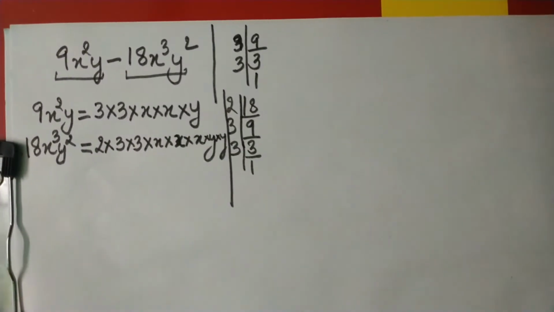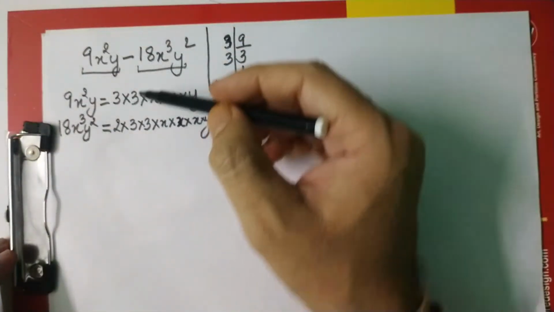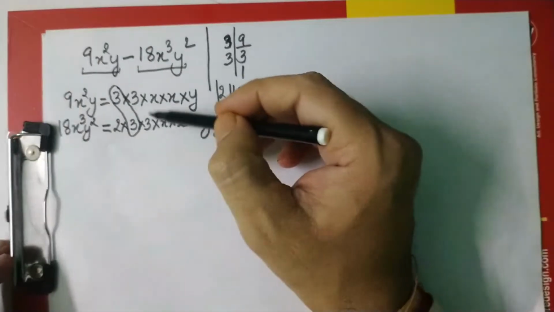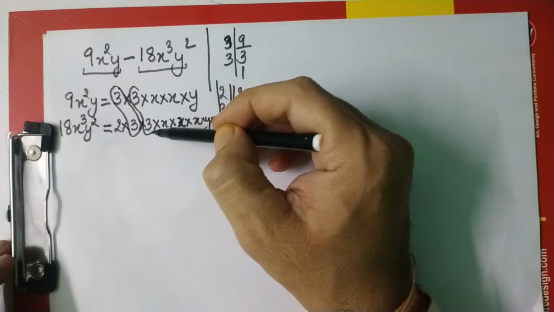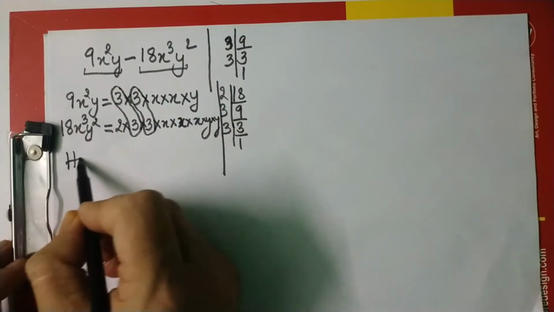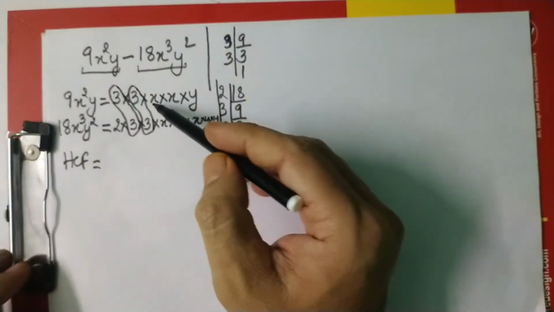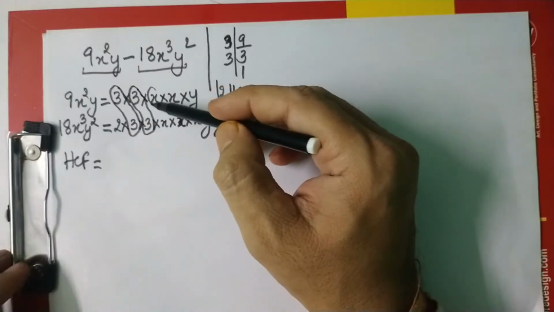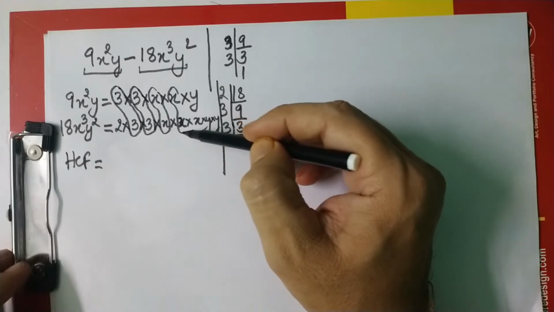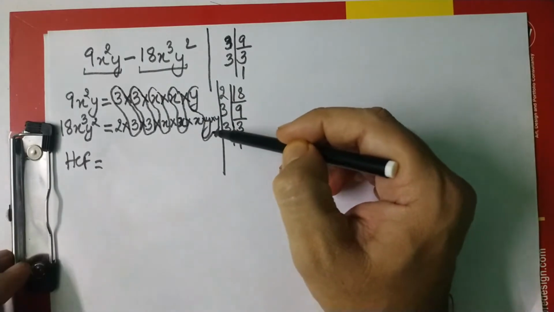Now, like you do HCF, we will do the HCF of the numbers here. What is the first number common? 3 is common, and this other 3 is also common. Then we take the common variables also: x is common, this other x is also common, and y is also common.